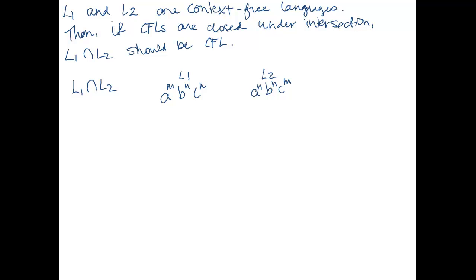So what strings are in the intersection of these two languages? Well, order is going to have to matter. I'm going to have all of my A's at the first part, all of my B's in the middle part, and all of my C's in the last part.